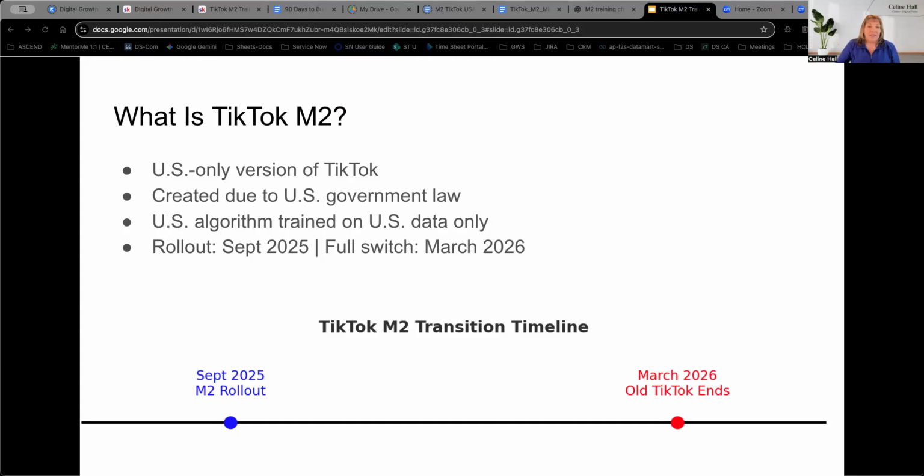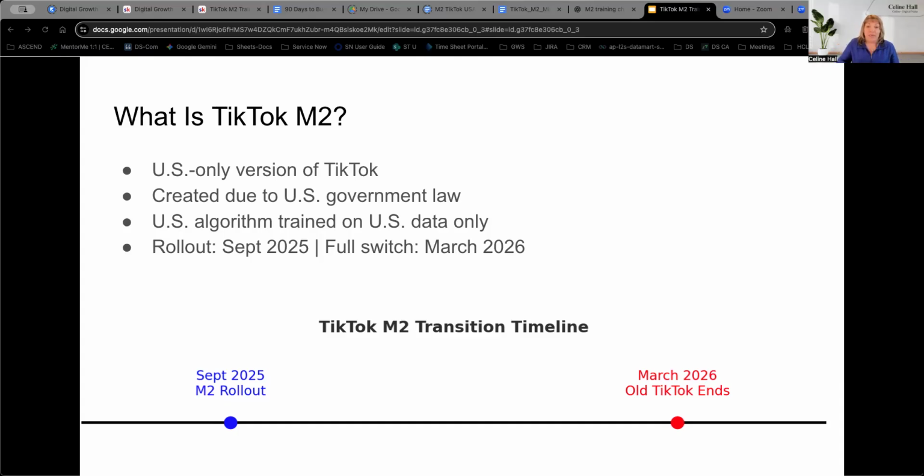Okay. So the timelines are going to be important here for you. It's September of 2025, which is where we're at right now. I don't have an exact date, but it's in progress. The US users will begin to migrate over to the M2 version. So by March 2026, the original version of TikTok for the US is going to be decommissioned.